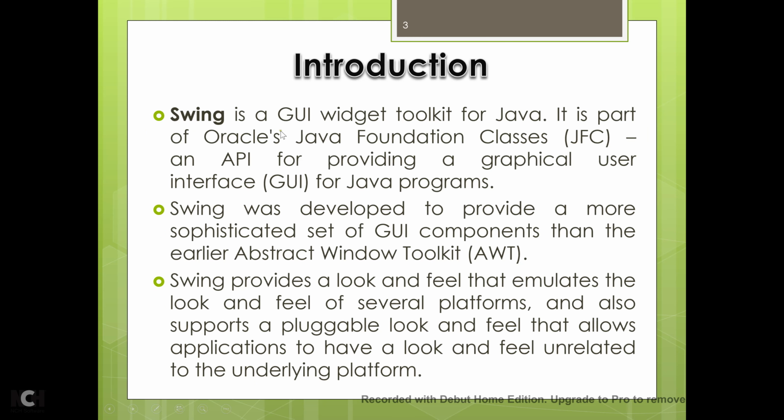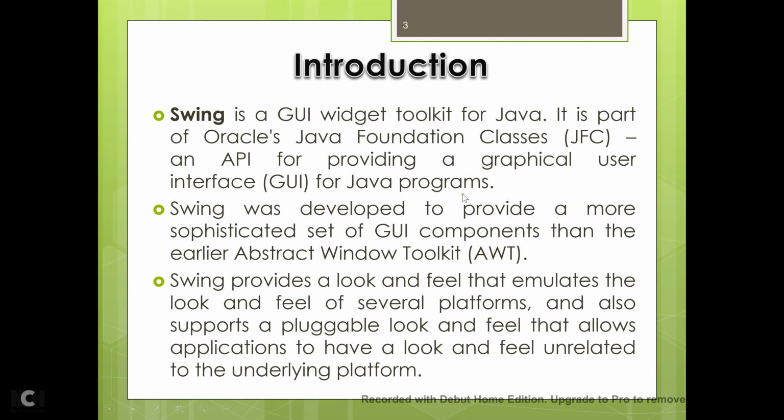So Swing is a GUI widget toolkit for Java. It is part of Oracle's Java Foundation Classes, JFC, which is an API. Yeah, I hope you know what an API is, Application Programming Interface, for providing a graphical user interface GUI for Java programs.